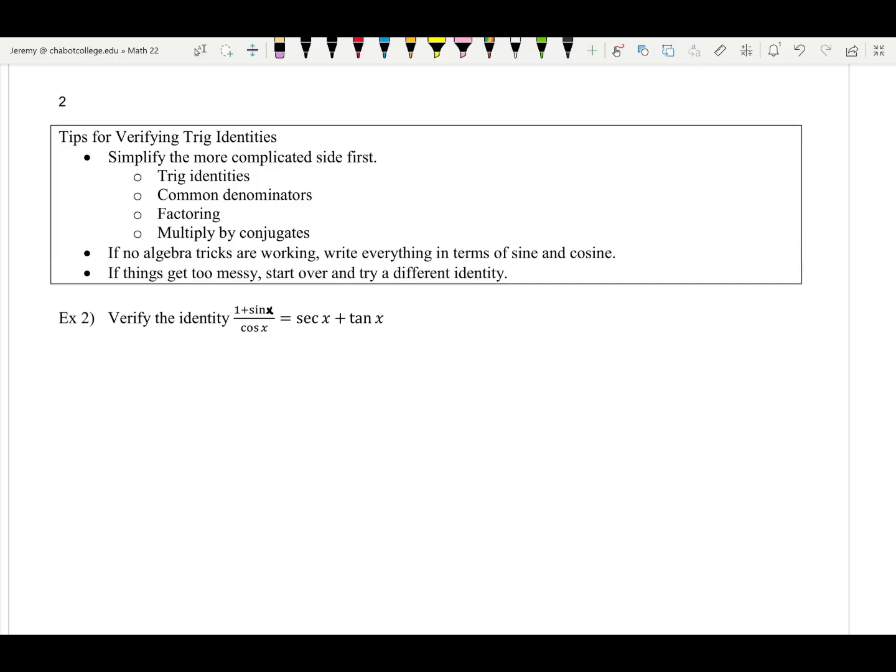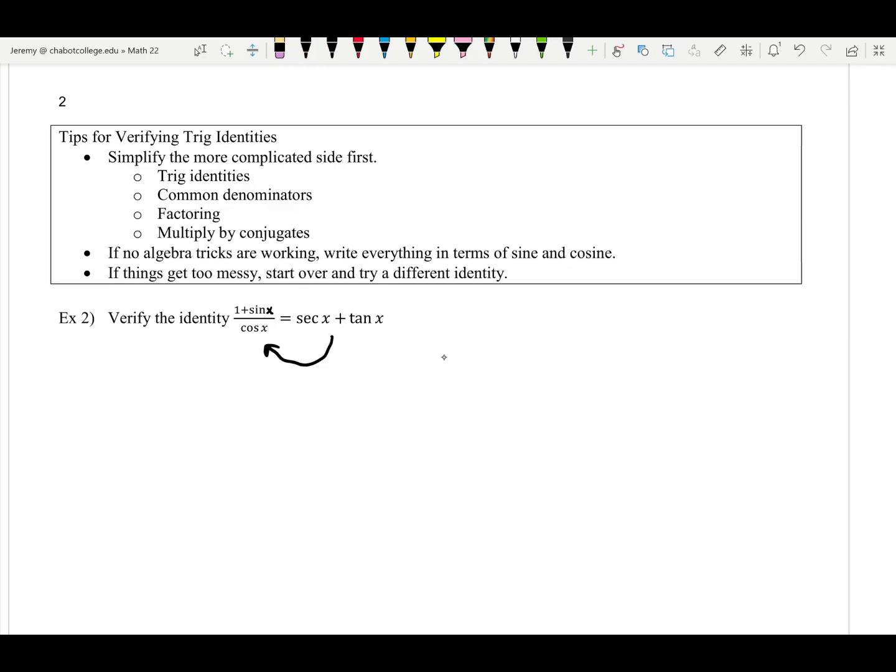There are a few different common strategies that we might use, but oftentimes we'll start with one side of the equation and manipulate it, simplify it, use some of the techniques that we just saw in example 1, and see if we could get it to look like the other side. Or maybe we'll start with the right side and see if we could get it to look like the left side.